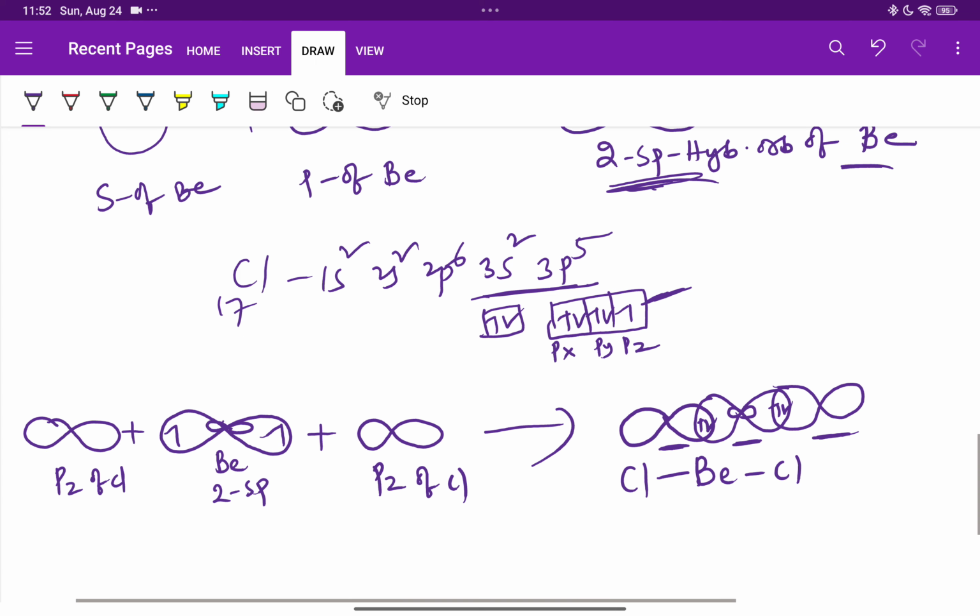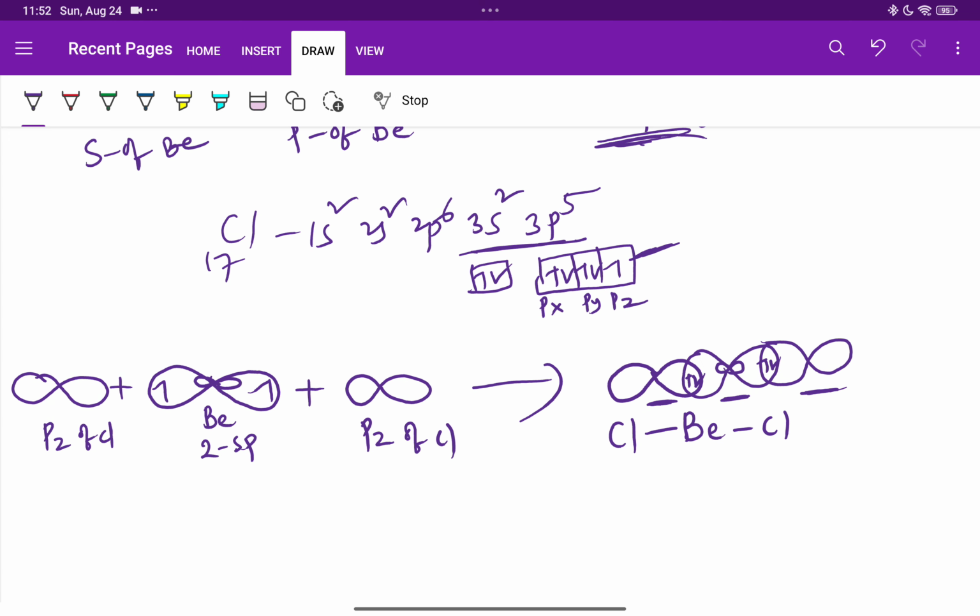And here this formation is called sigma spp. They are asking in the examination, when the beryllium sp hybrid orbitals end overlap with the chlorine pz orbitals, what type of overlapping is it? So sp is coming from beryllium and p is coming from chlorine.